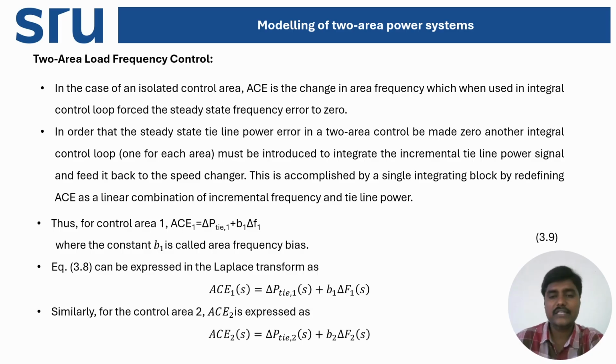Now in the case of an isolated control area, ACE is the change in area frequency, which when used in an integral control loop forces the steady state frequency error to 0. This ACE is called area control error.